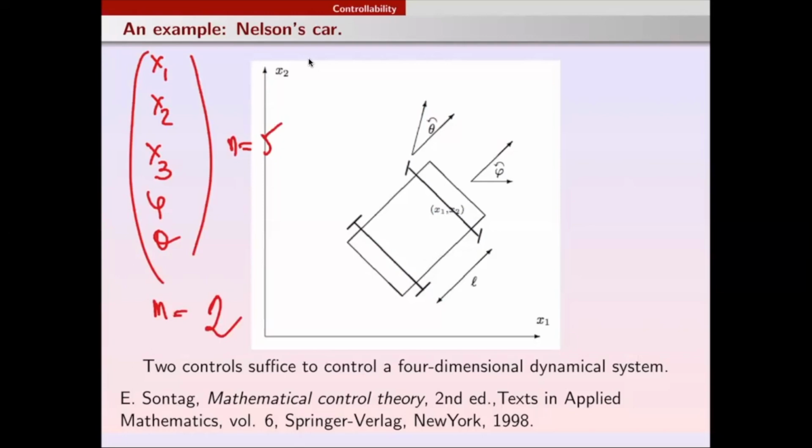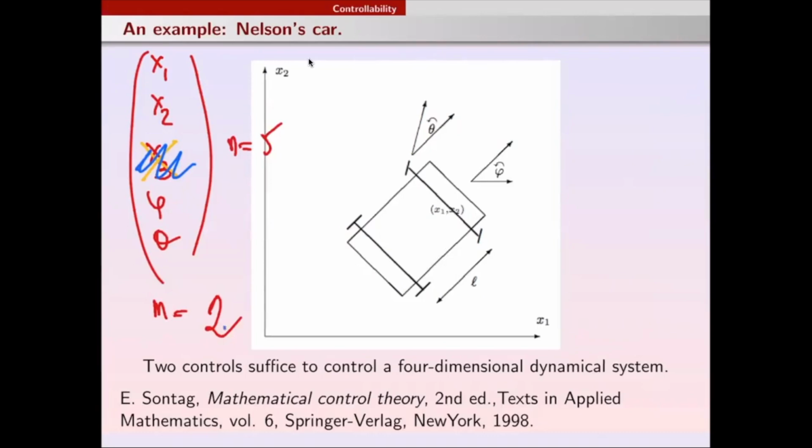Will the car be controllable in this space? Well, clearly not. The last component of the car is not controllable. There is nothing I can do in order to regulate the height of the car. A car cannot fly. If I really want to move in the vertical direction, I don't need to buy a car. I have to buy a helicopter, and this is much more expensive and also harder to manipulate. If I have a car, I can move on the horizontal plane.